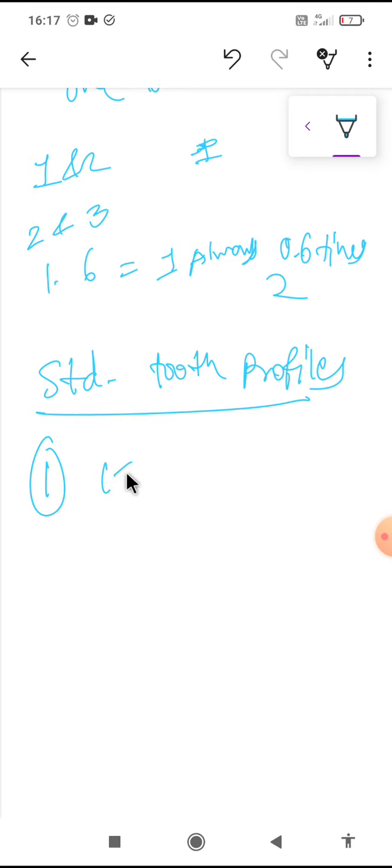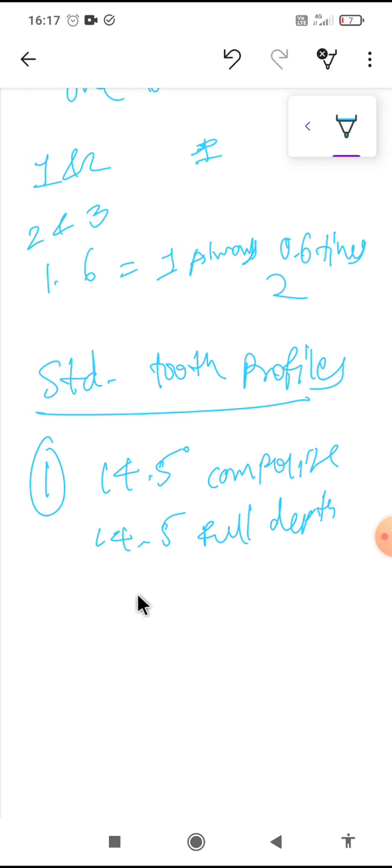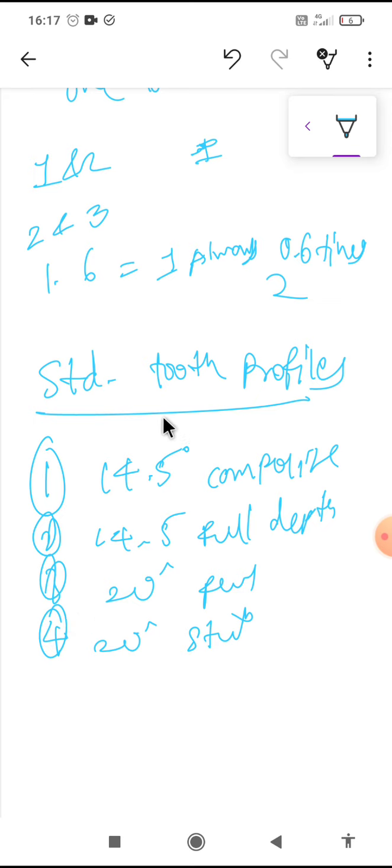The first is the 14.5 degree composite system, then the 14.5 degree full depth involute system, then the 20 degree full depth involute system, and the 20 degree stub involute system. These are the four categories which are used.